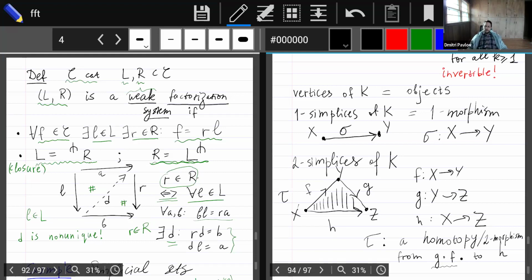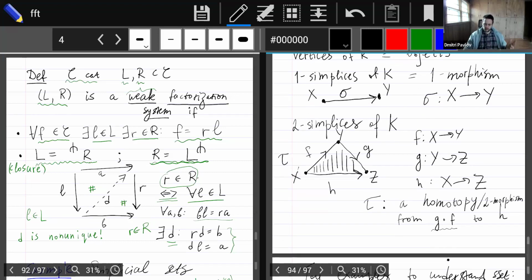Rather, the only thing you have is this interpretation which basically allows for composition to be defined formally. But notice that any two-morphism is invertible, so the existence of such a two-morphism postulates that h is isomorphic to g composed with f. So tau, by virtue of being interpreted as a two-morphism in an infinity groupoid, you should think of as an isomorphism.